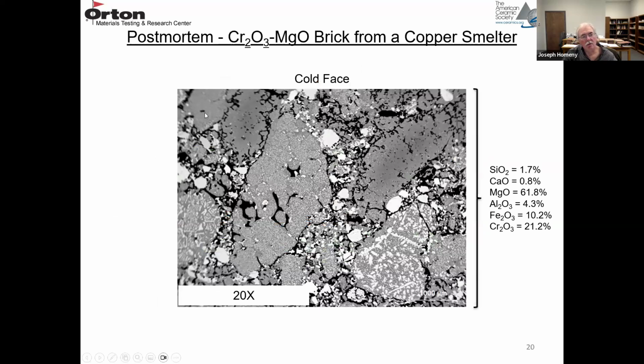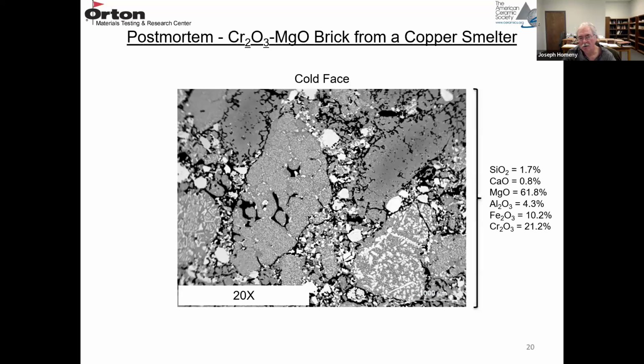So I have one failure analysis from a chrome magnesite brick from a copper smelter. This is what the cold face looks like at 20x, and then I did the chemistry here. So it's about a 62% MgO material, about 21% Cr2O3.